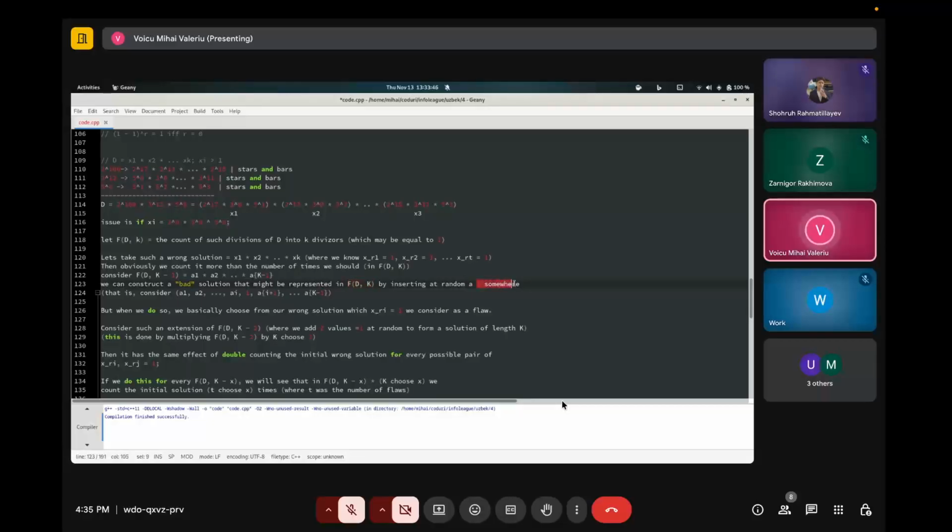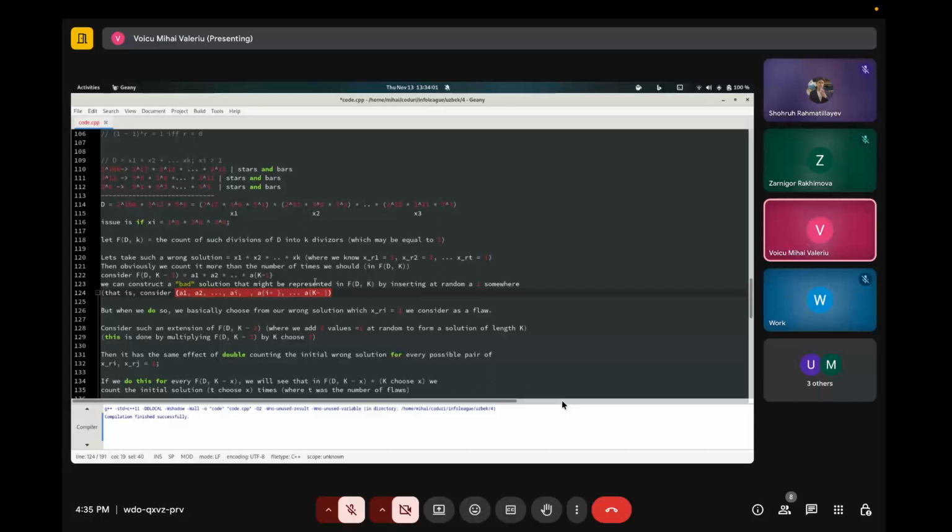We will do this by inserting a 1 randomly somewhere. So then we consider a1, a2, ai, 1, ai plus 1 up to ak minus 1. This has k numbers and is a wrong solution.